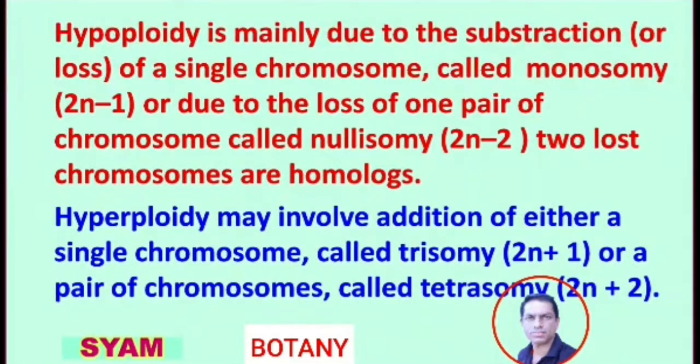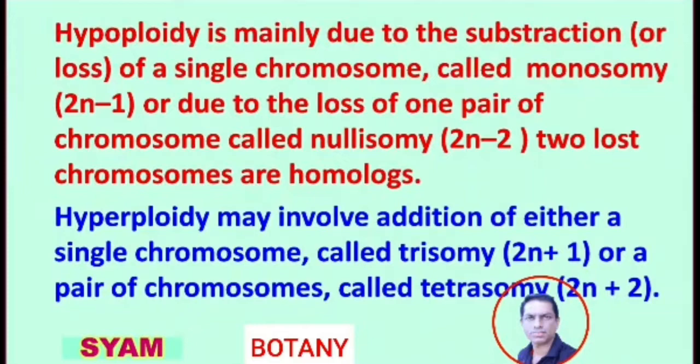Hypoploidy is mainly due to the subtraction or loss of a single chromosome, called monosomy, 2n-1, or due to the loss of one pair of homologous chromosomes, called nullisomy, 2n-2.